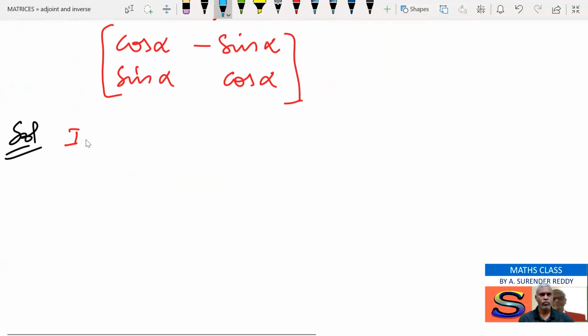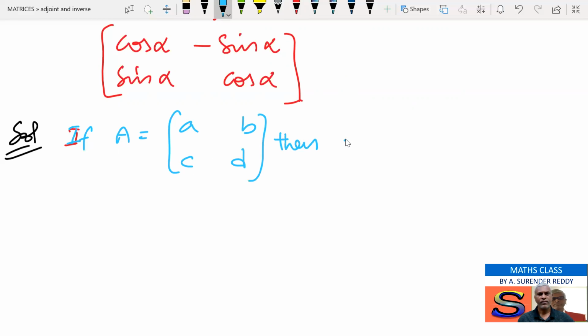If A is equal to [a, b; c, d], then adjoint A is obtained by just interchanging these two: a and d interchange, D comes in the place of A and A in the place of D. Then for b and c only change the sign; do not interchange b and c. First interchange the elements of the first diagonal, that is write D in place of A and A in place of D. Next, for the other diagonal, only change the sign.